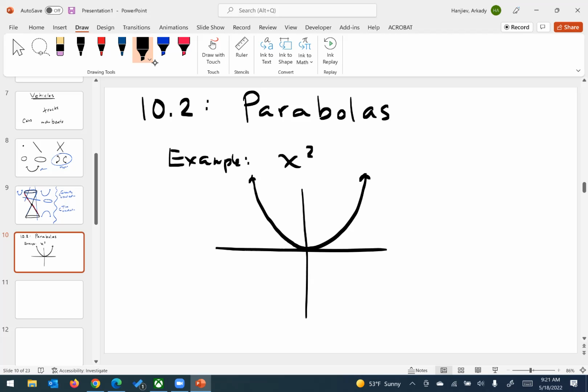And then do we know how to flip it the other way? By transformations. And negative X squared flips it the other way, right? That's easy enough. Okay, so then another example.